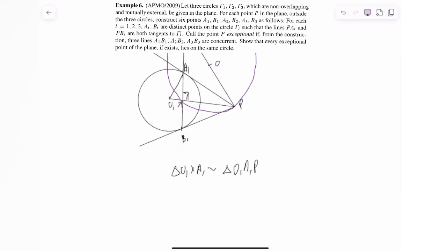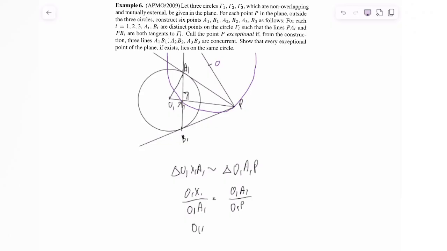Hence O1X, let's call this 1 also, because there are multiple circles, so O1X1 over O1A1 is equal to O1A1 over O1P.